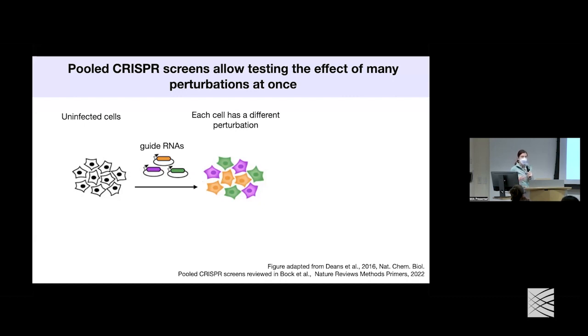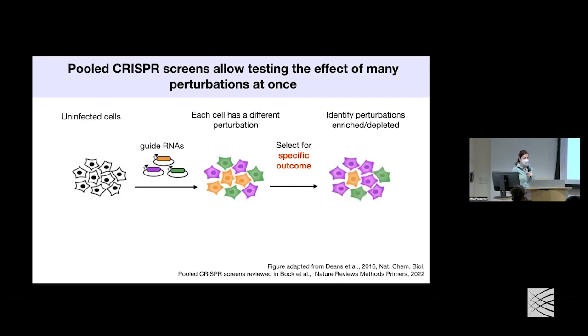Then, depending on exactly what we're interested in studying, we can select for a specific outcome and check whether specific perturbations were enriched or depleted after the selection. If they were enriched, it means that losing that gene made cells go to the state more, so that gene was repressing the cell state. And depletion would be the other way around.